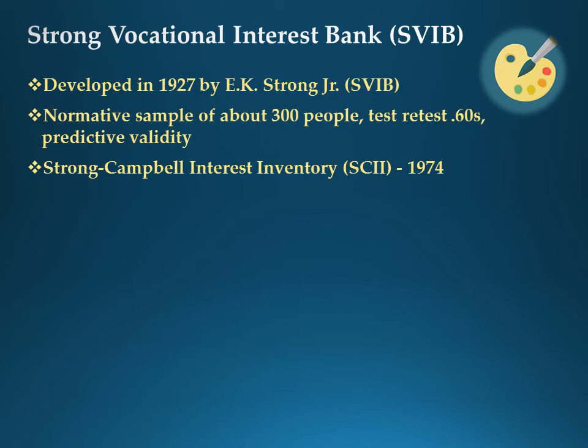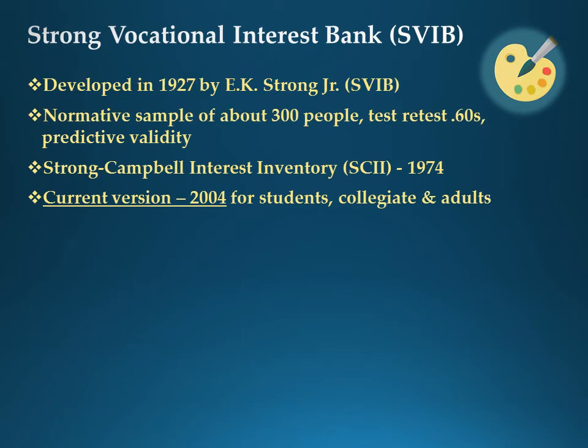Now, what we have to understand is right now we need to look at the current version, that is the 2004 version, which includes the normative sample for students, college students, as well as adults. So this test can be used across all these populations.